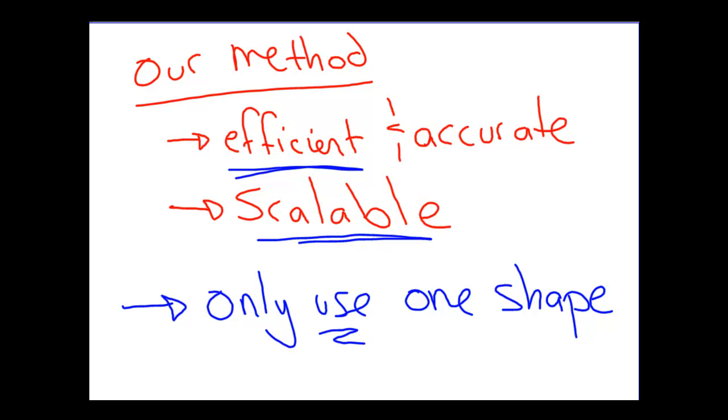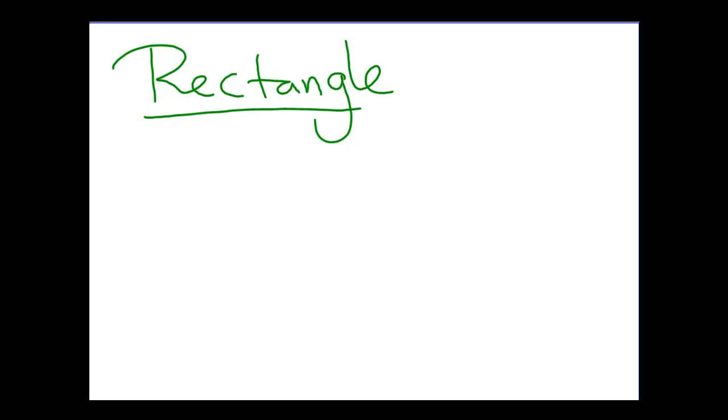Well, it turns out that using one shape, we still have a wide variety of shapes to choose from, and in this course we'll get to see some examples using several other kinds of shapes. But for right now, the shape that we will use is a shape that is very easy to find the area of. We will divide the area under our curve into a series of rectangles.